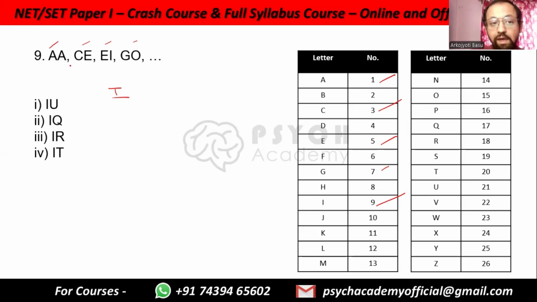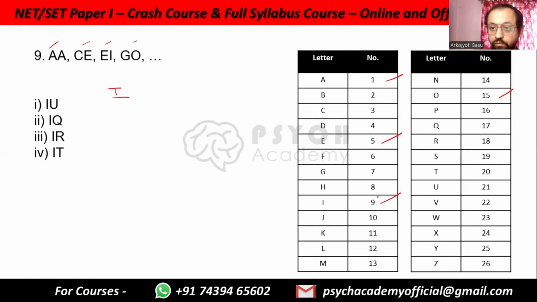So what would this be? A, E, I, O. If we try to figure that out, let's try to erase them and see the pattern. A, E, I, O. So what would be the next one? So 1, 5, 9, 15. What would be the next one?